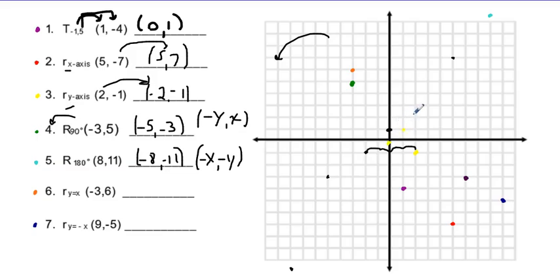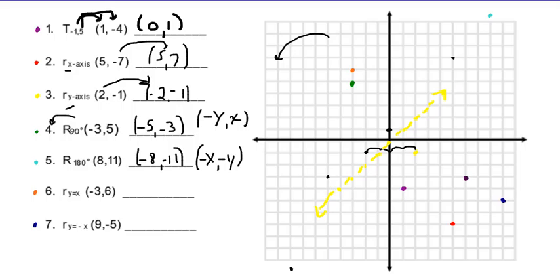And it passes through these points here. If x is 1, y is 1. If x is 2, y is 2. If x is -1, y is -1. Whatever x is, y is. Y is the same as x. So if we connected these, I'm just going to connect them with a dotted line. That's what the line y equals x would look like.